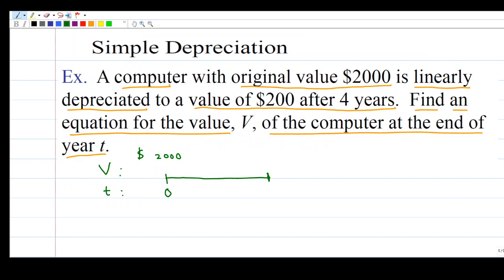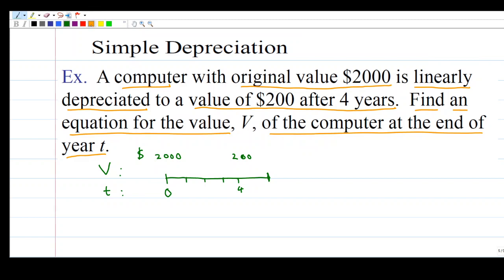And we know that the value is going to be linearly depreciated to a value of $200 after 4 years. So that's after 1 year, 2 years, 3 years, that's your 4th year. And the value in dollars is 200.